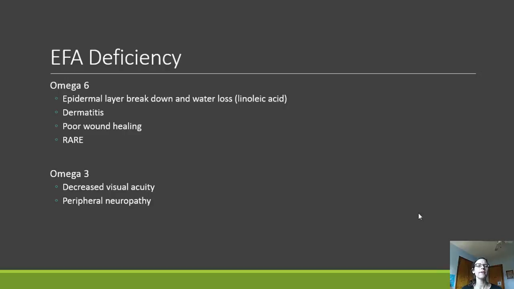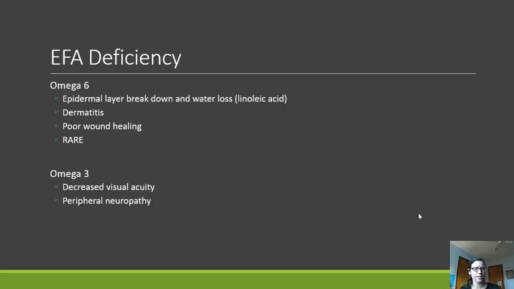If we have a deficiency of omega-6s, this is generally associated with breakdown of our epidermal layer, or our skin, and also with water loss because of this breakdown of our skin. We attribute dermatitis and impaired wound healing also to essential fatty acid deficiency. But again, this is incredibly rare.